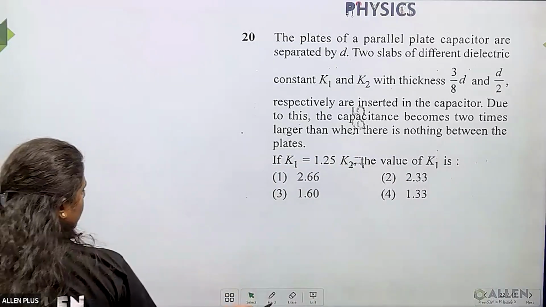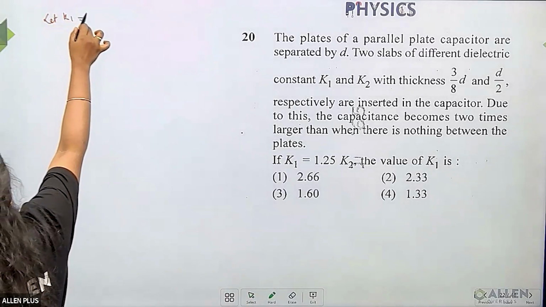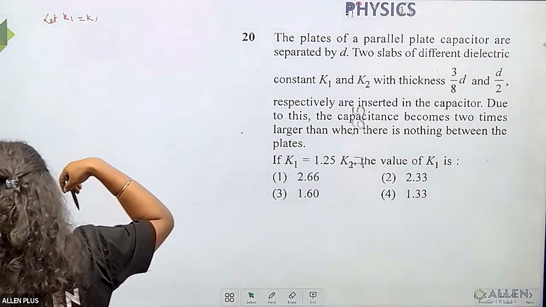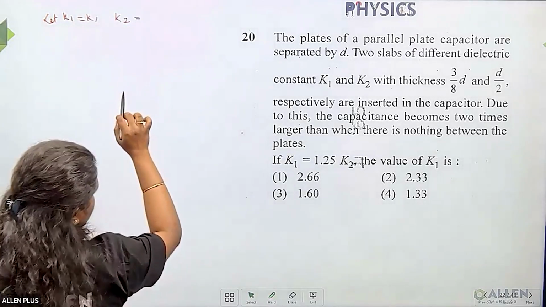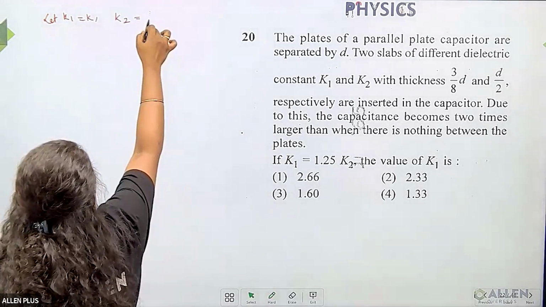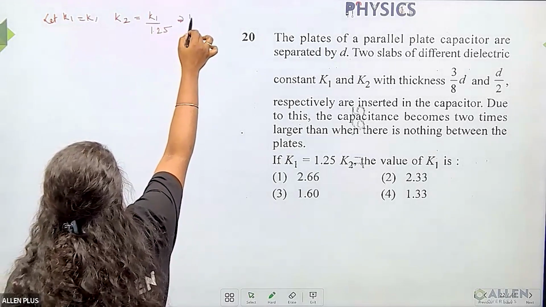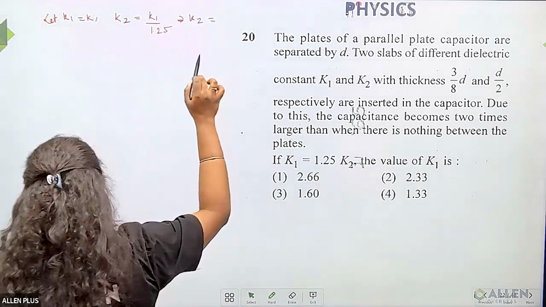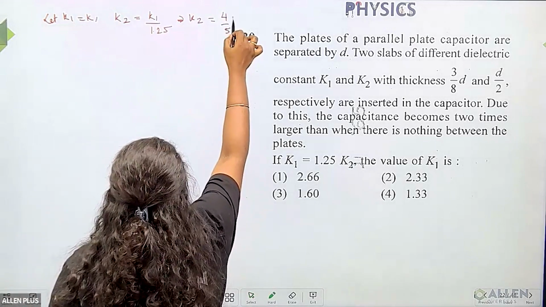Okay. Let K1 is equal to K. So K2 will be equal to K1 by 1.25, or I can say K2 can be written as 4 by 5 K.